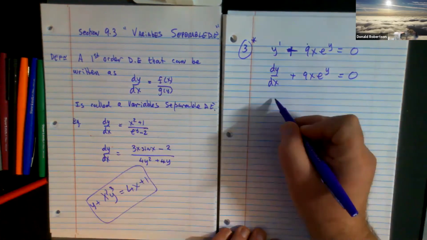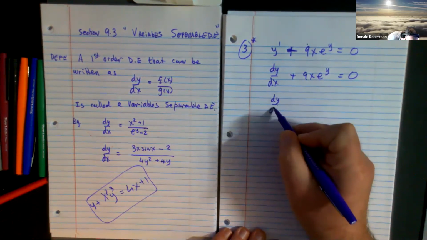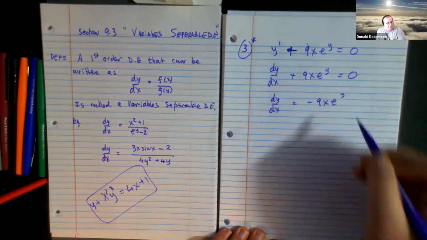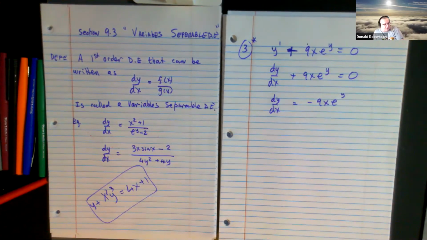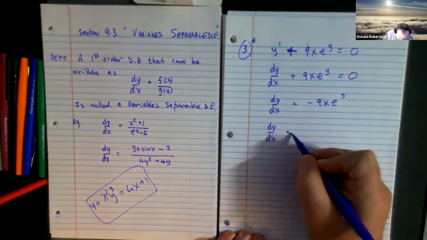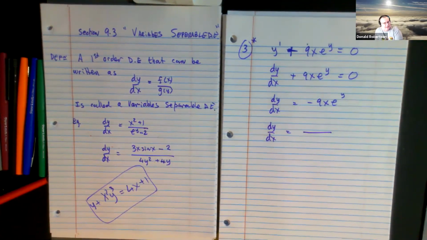Now, the first thing I'm doing, I think, is pretty straightforward. Would you agree the first thing you have to do is get dy by dx on its own, right? Now, this is not a fraction, but we've seen that problem before. And it needs to be a fraction, agreed?